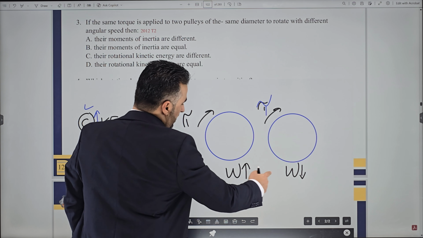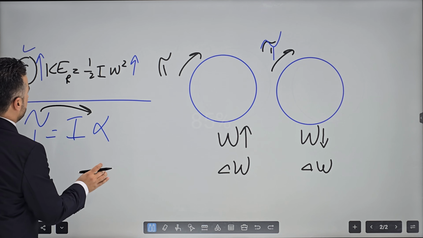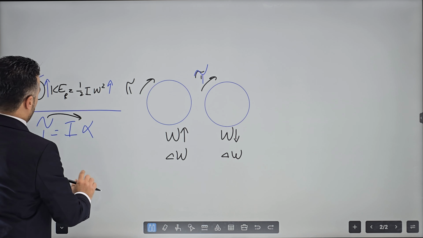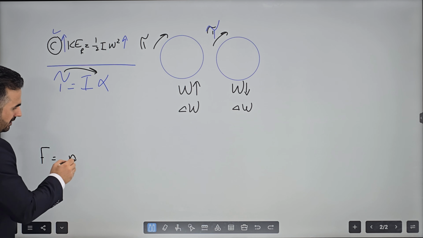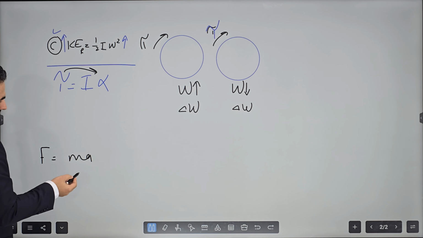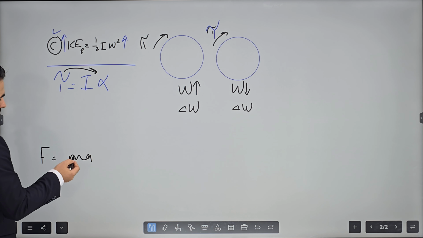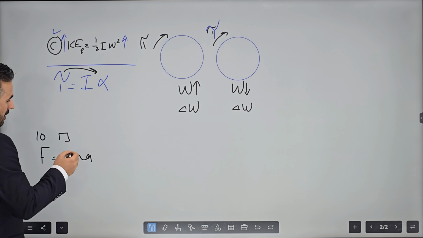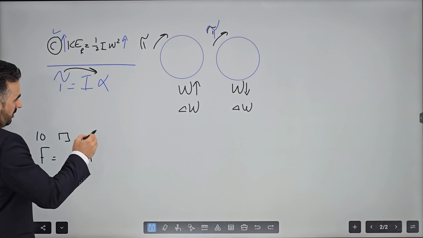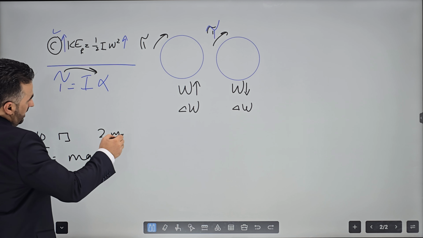Imagine, let's expand this one. Newton's second law of motion. Let's say I apply a force of 10 Newton on an object. One of the objects accelerates with 2 meters per second squared, let's just say.